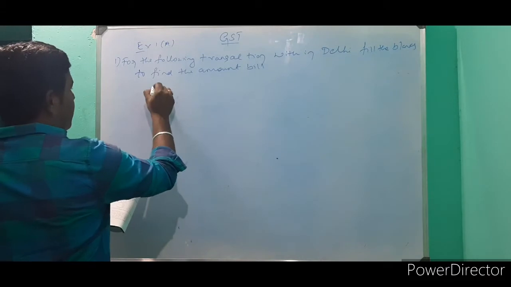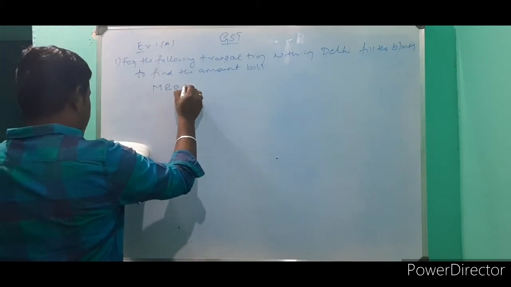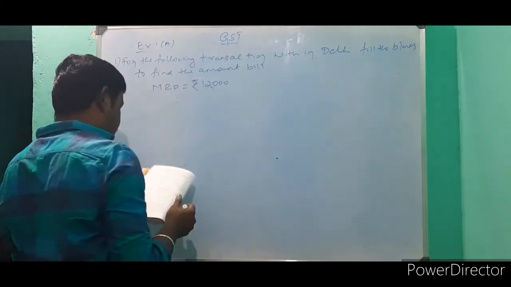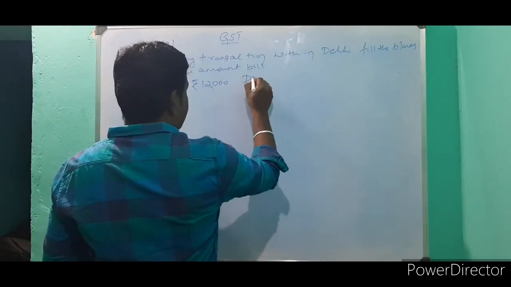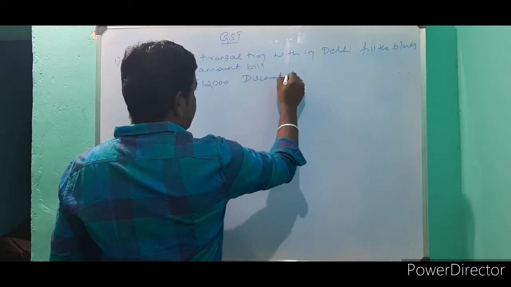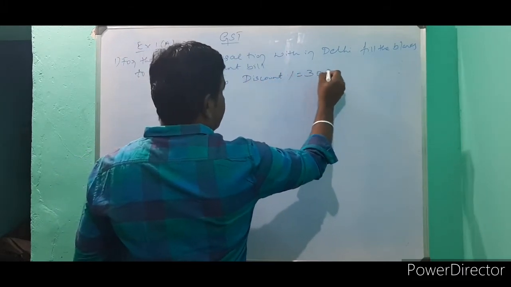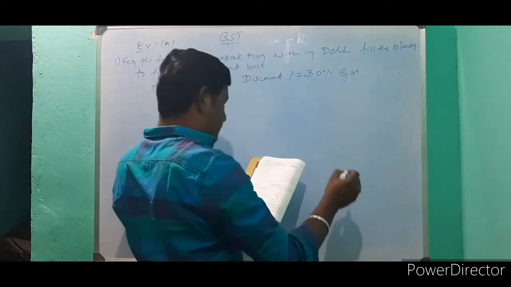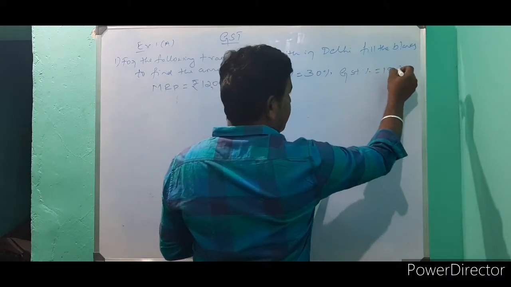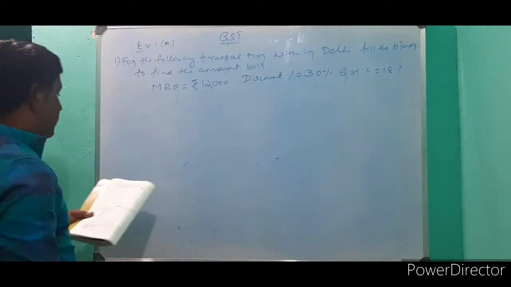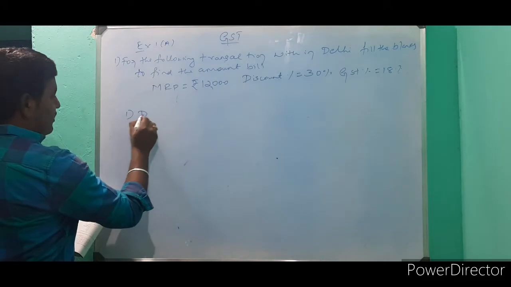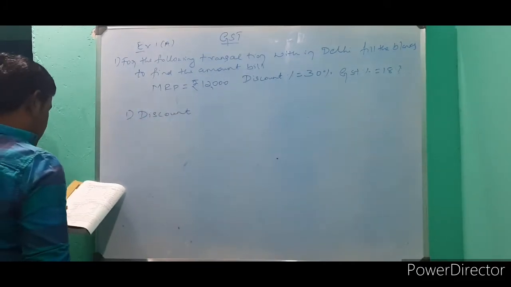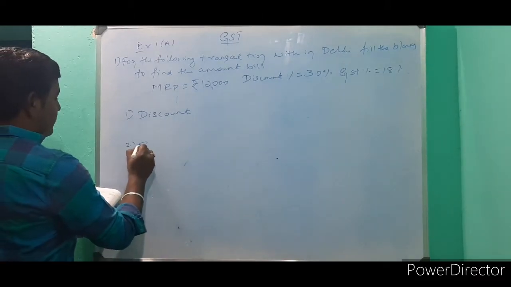Here they are given MRP is equal to 12,000 rupees. Discount percentage they are given, that is 30%. GST percentage they are given, that is 18%. So we have to find, first, discount, and after that selling price.